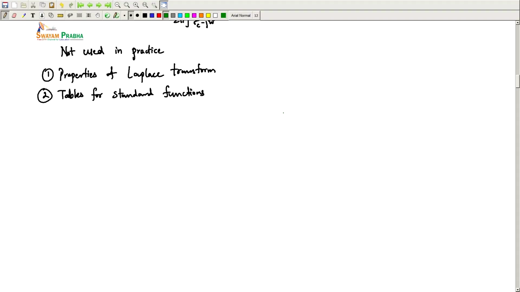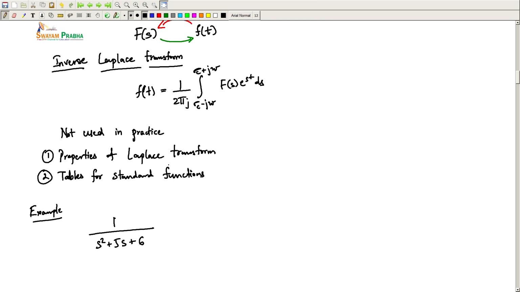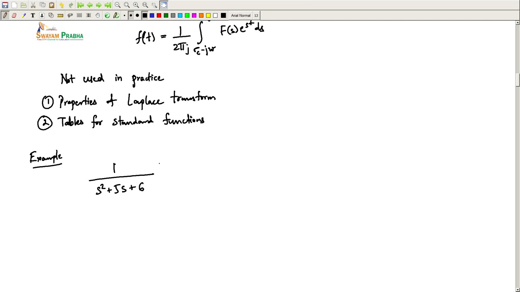So, the first example. Say we have this particular function in the Laplace domain, and we want to find the corresponding f of t.